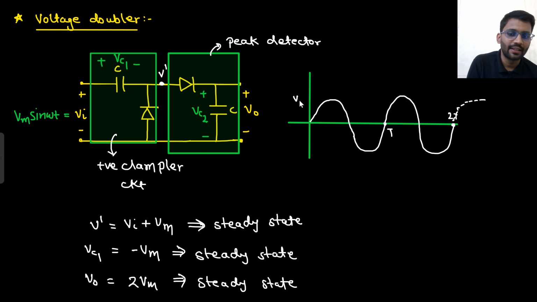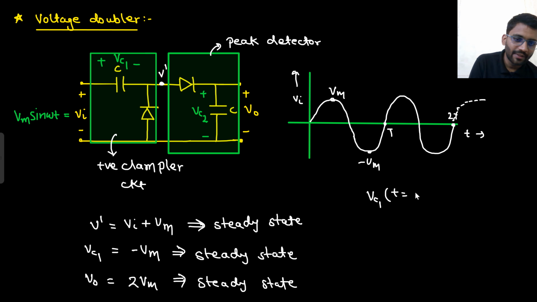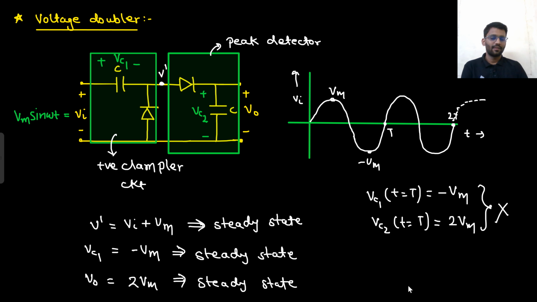What I mean to say is that this is your V in at time t, this point is plus Vm and this point is minus Vm. If I write that Vc1 at time t equals T is minus Vm and Vc2 at time t equals T is 2 Vm, this is wrong, because this is not happening instantaneously.